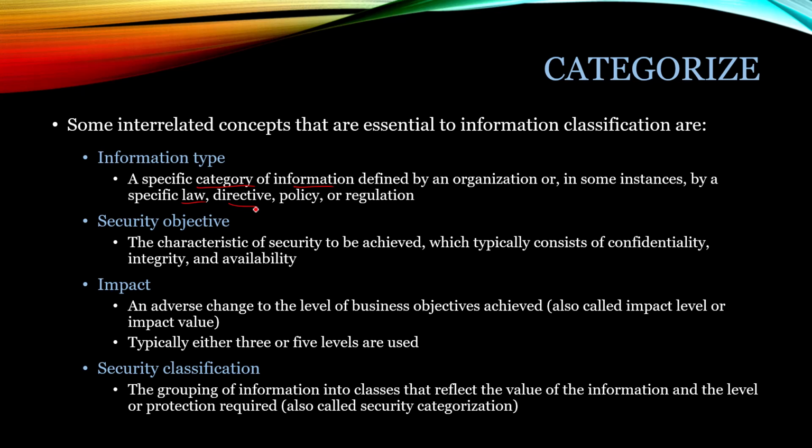You also have a security objective, and again, based off of the information type categorization or classification, you may have a different level of security objective based off of that object. Each object is also going to have an impact. If there's a breach for a specific type of information type, what is the impact to the overall organization?